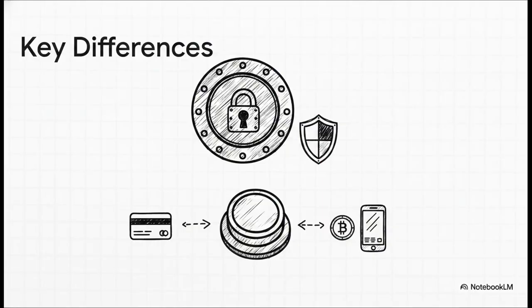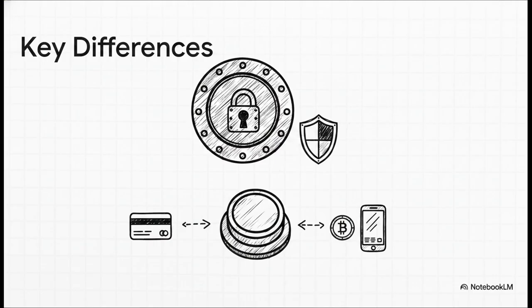Let's make this totally concrete with an example right from our source documents. If you have a bank application, you definitely don't want anyone to directly change the balance variable. So you make the balance private, and you force people to use safe deposit or withdraw methods. That is encapsulation, protecting your data. On the other hand, let's say your app accepts credit cards, PayPal, and crypto.